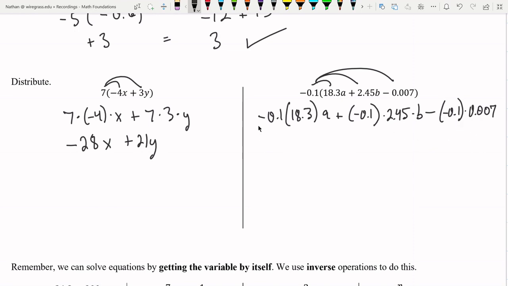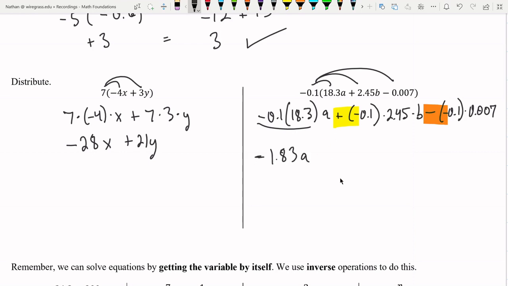All right, we can multiply the numbers together. This one here, right? This one has positive and negative, makes that a negative. And negative makes it a positive. Negative times positive is negative. 0.1 times 18.3 is going to be 1.83.